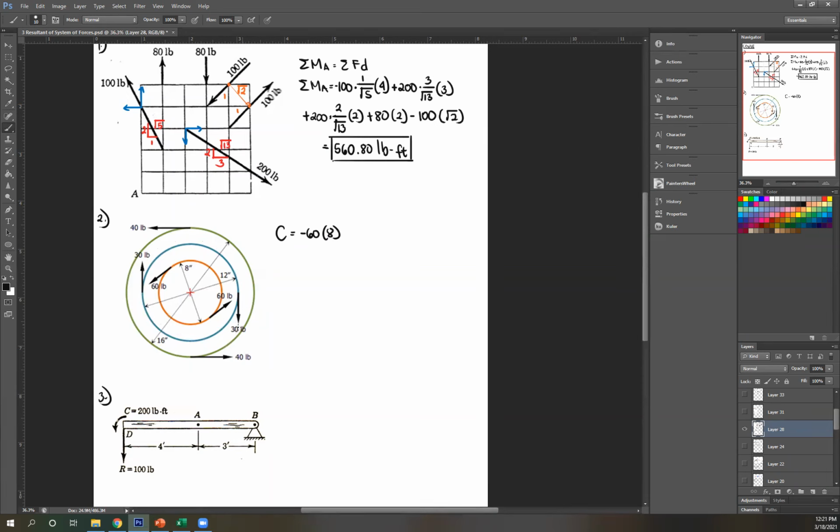So rotating that is clockwise. So plus 30. Distance between them is 12. And then lastly, 40, rotating that is counterclockwise. So minus 40. Distance between them is 16 inches. What's the answer?